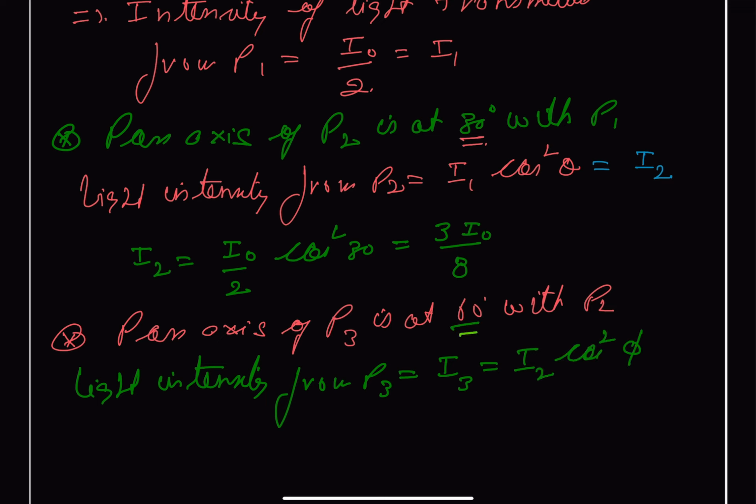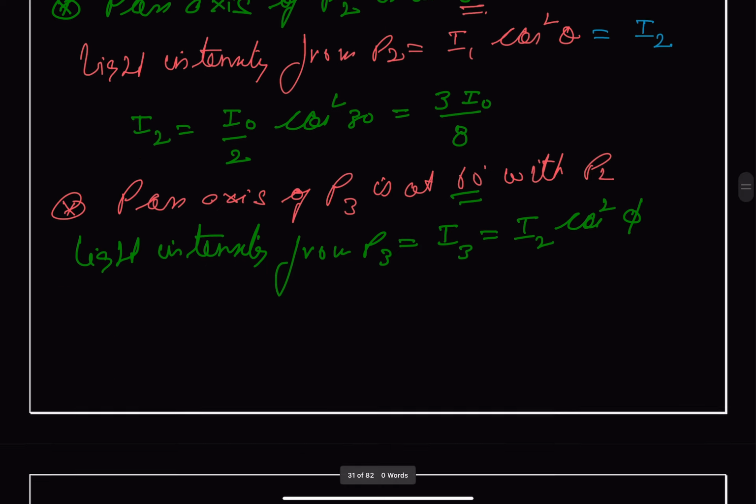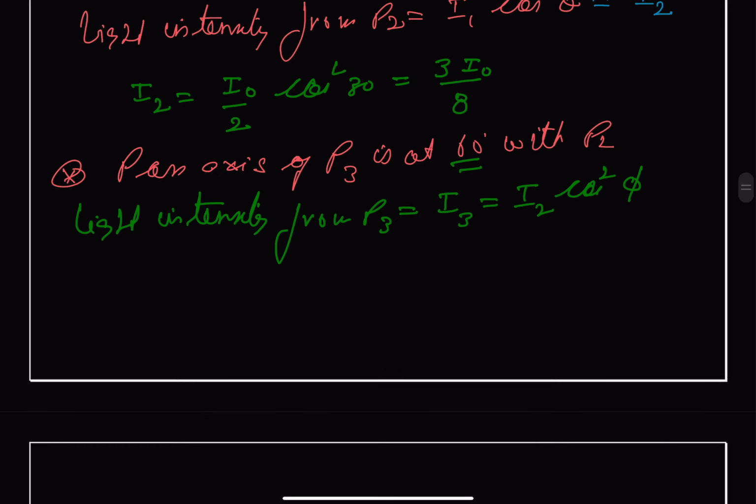Here phi is equal to our 60 degrees. We substitute our I2, which is 3 I naught by 8, and cos square of 60, and this comes as 3 I naught by 32.